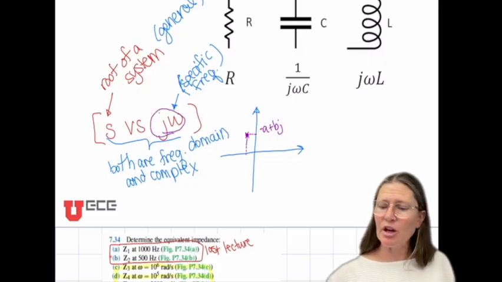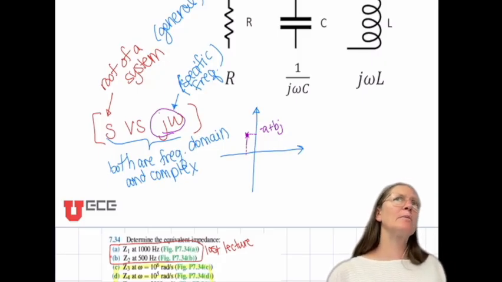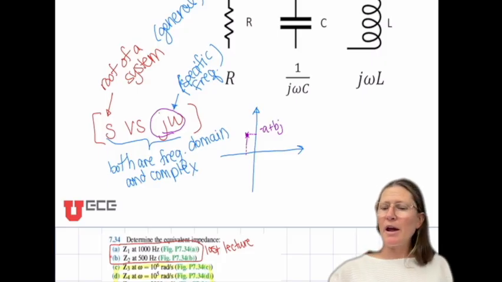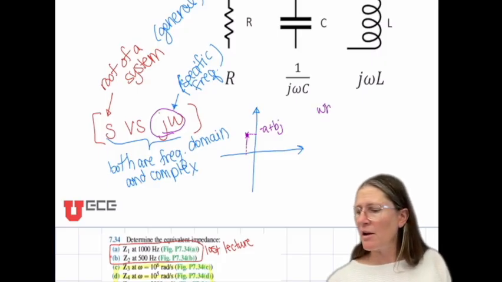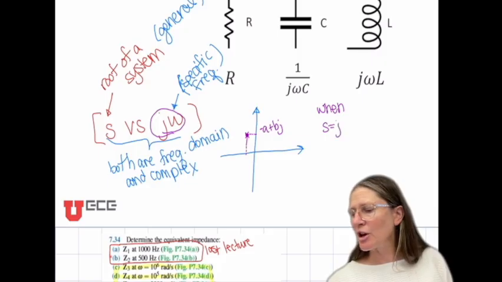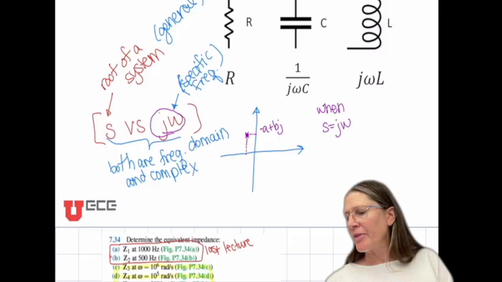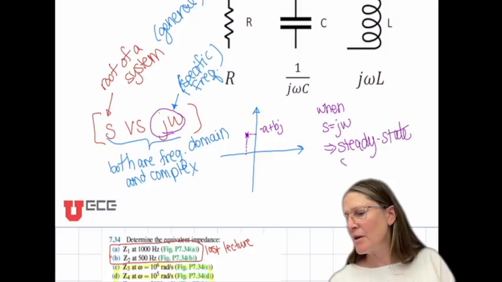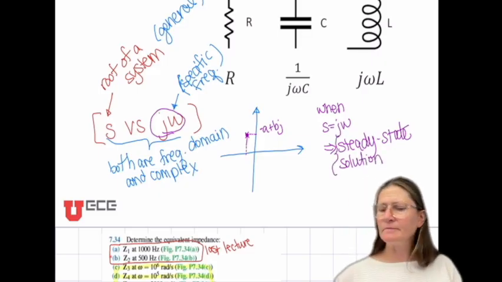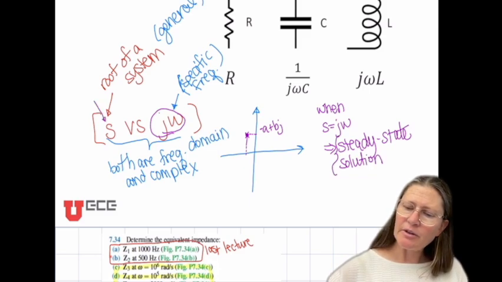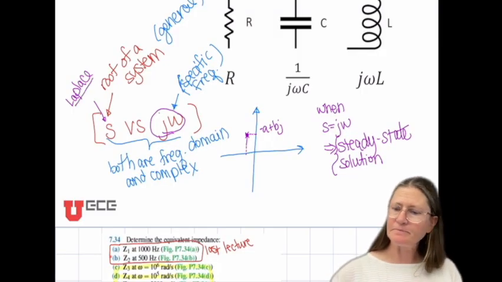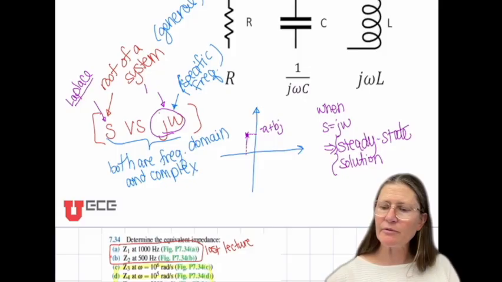Here we see that j omega is only the imaginary component. And when S equals j omega, this is going to be the steady state solution. The other thing that's different is that S is for Laplace and j omega is for Fourier.